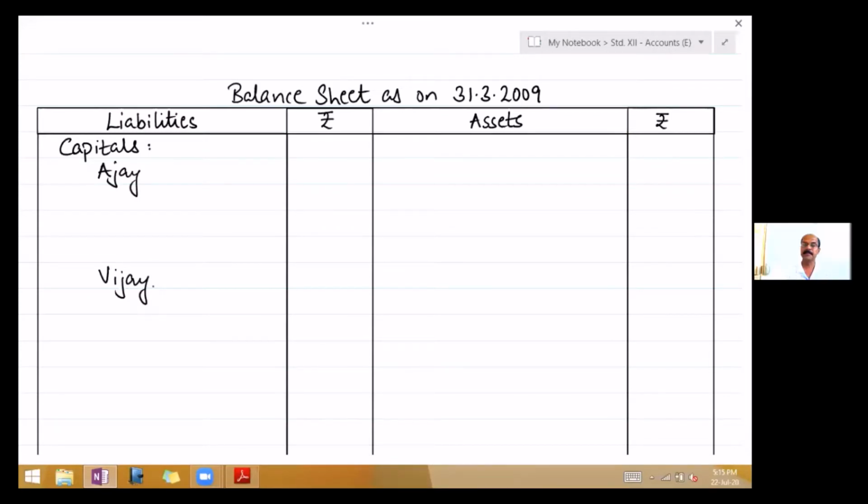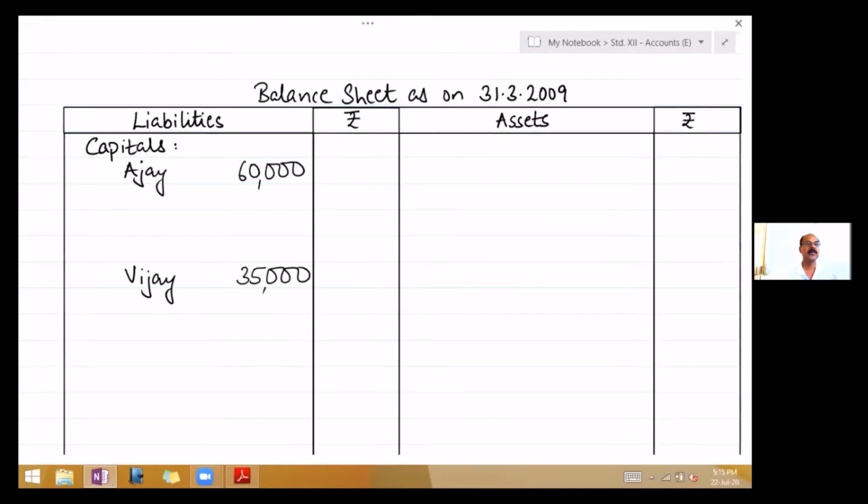Okay, let's start. Trial balance, the first item, capitals, Ajay 60,000, Vijay 35,000. So write Ajay in the inner column, 60,000, and leave 3 lines and write Vijay in the inner column 35,000. Okay, next, purchases and sales.